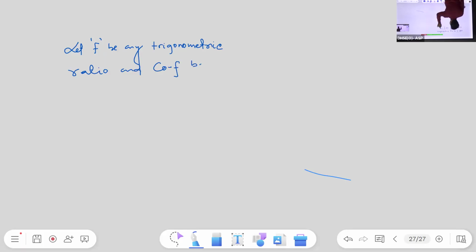Write down: let f be any trigonometric ratio and co-f be its co-ratio.